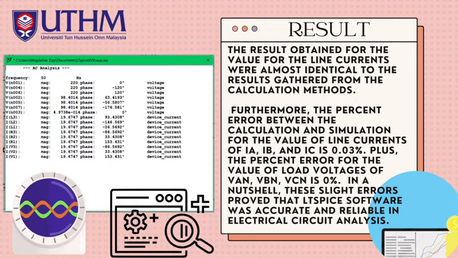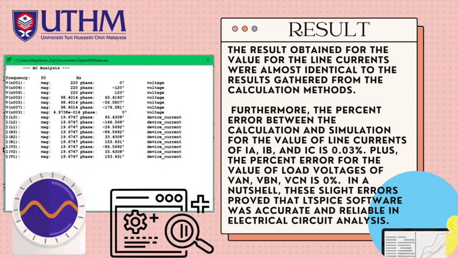Moreover, the values for the load voltages are: VAN is 220 with angle of 0 degrees volt, VBN is 220 with angle of negative 120 degrees volt, and VCN is 220 with angle 120 degrees volt. These values were almost identical to the results gathered from the calculation methods.